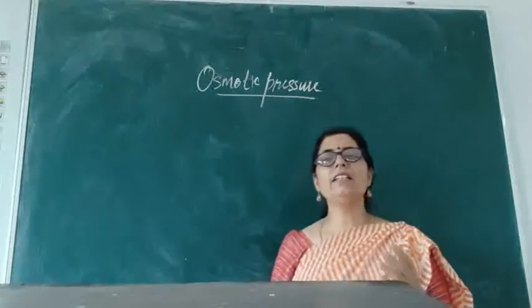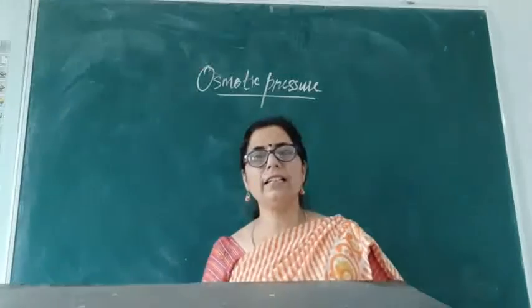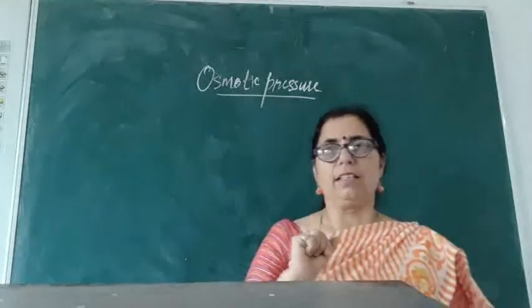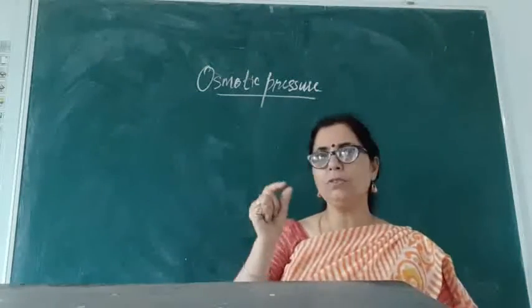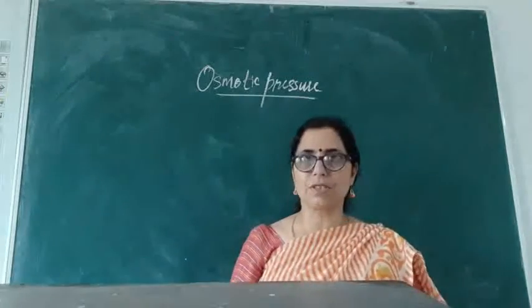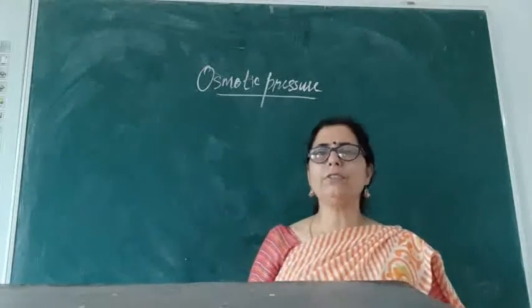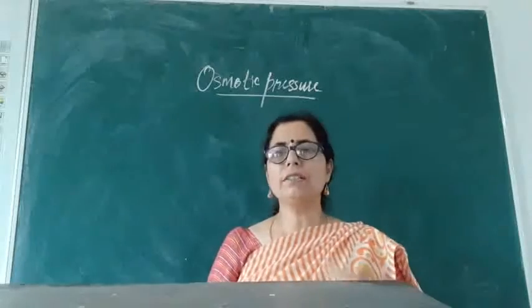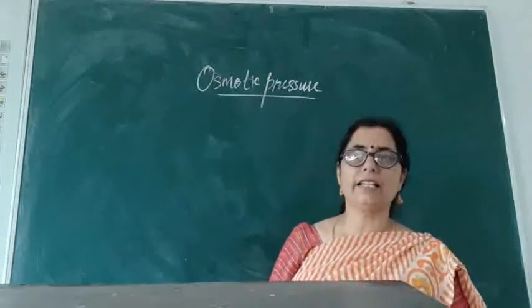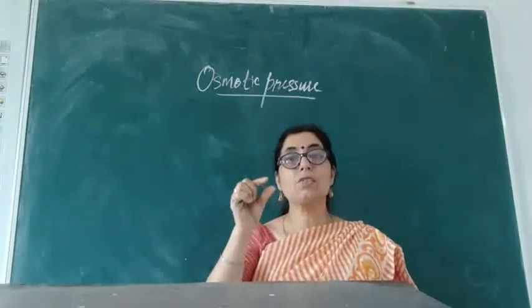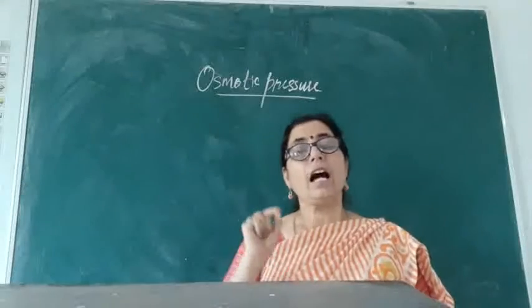You can see another example when you take raisins, which in Hindi we call kishmish. When a raisin is dipped in water for one or two hours, you find that it gets swollen. How does it get swollen?